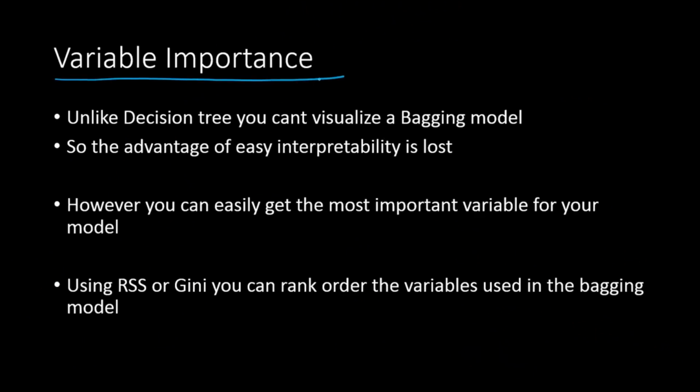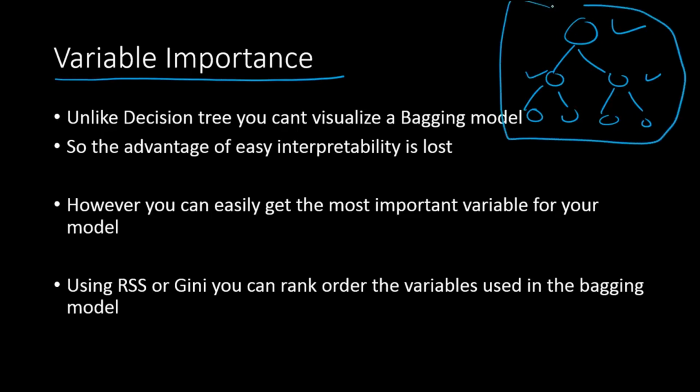Then variable importance. This is also important to know, another important feature of bagging. In a decision tree, the good thing is that you know which variables are very important. The ones at the top are very important, and as you go down the tree you get less important variables. That's how you rank order important variables in your decision tree model. But in bagging, you cannot visualize this.